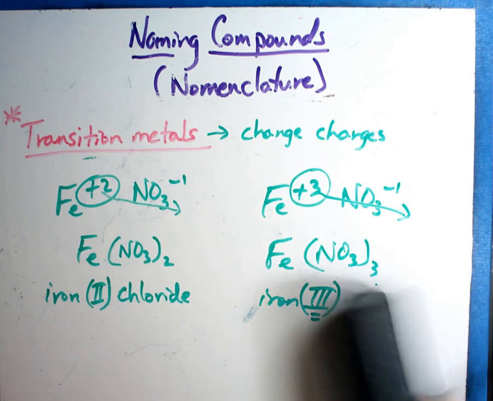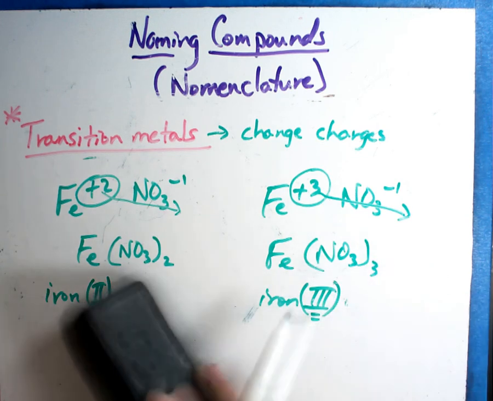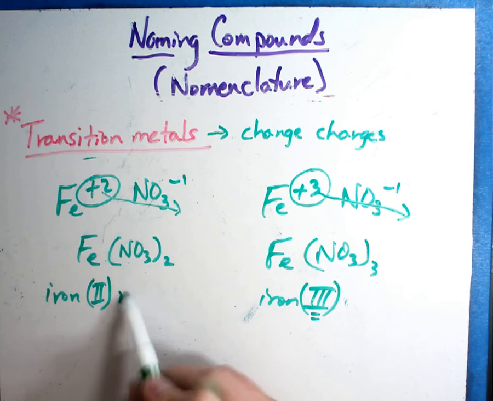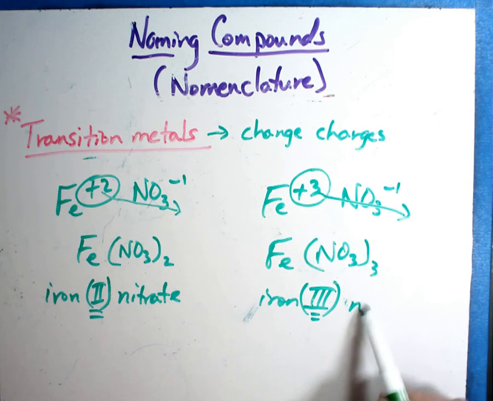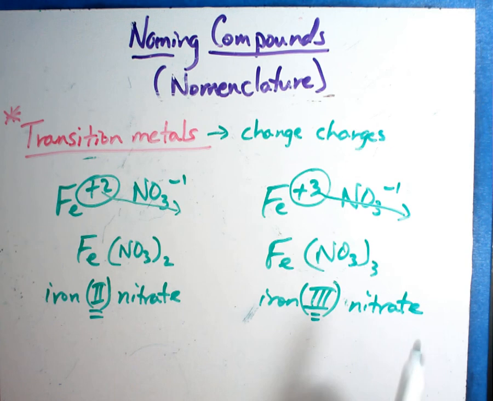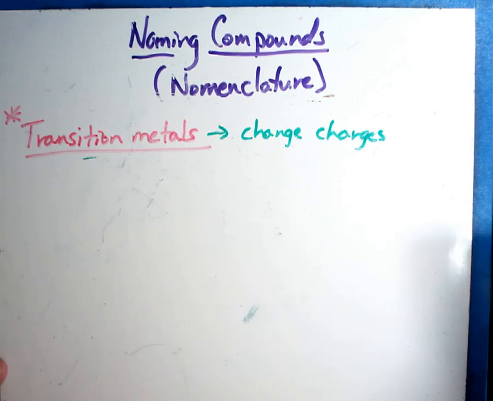So this becomes iron 2 nitrate. Notice what hadn't changed, the 2, because it's still a 2 charge. Iron 3 nitrate. Works with any of them. It works just like the other ones. The only difference between the last videos and this one is you have to have a Roman numeral in the name.